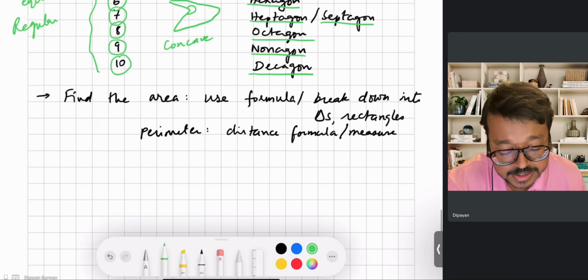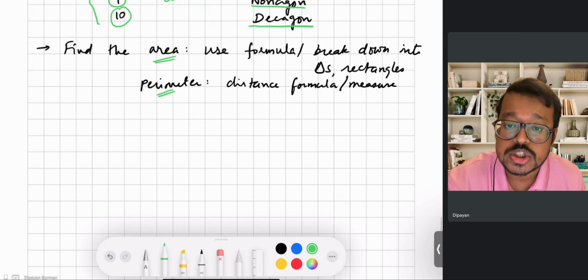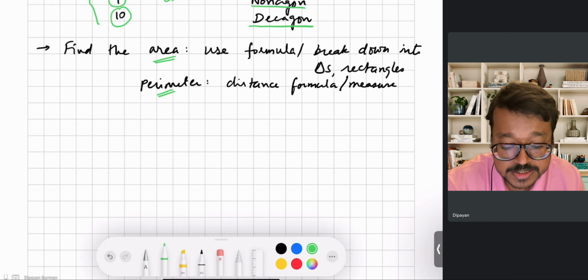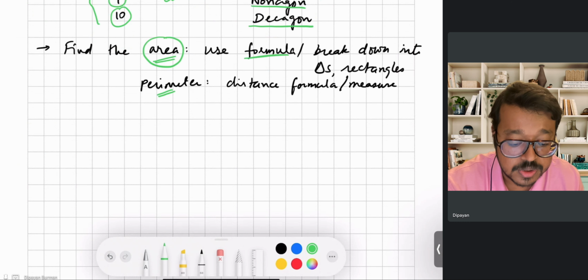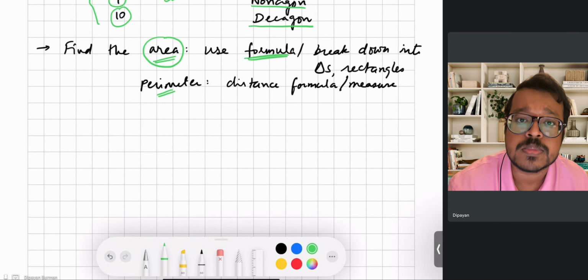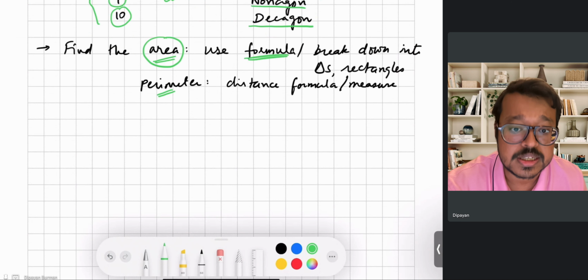Now the last thing that can be asked is to find the area or the perimeter of the shape. So for any given shape, let's say for area, either use the formula for the shape, like if it's a triangle or some sort of a quadrilateral, you can use the formula as you would have learnt in 9th grade.